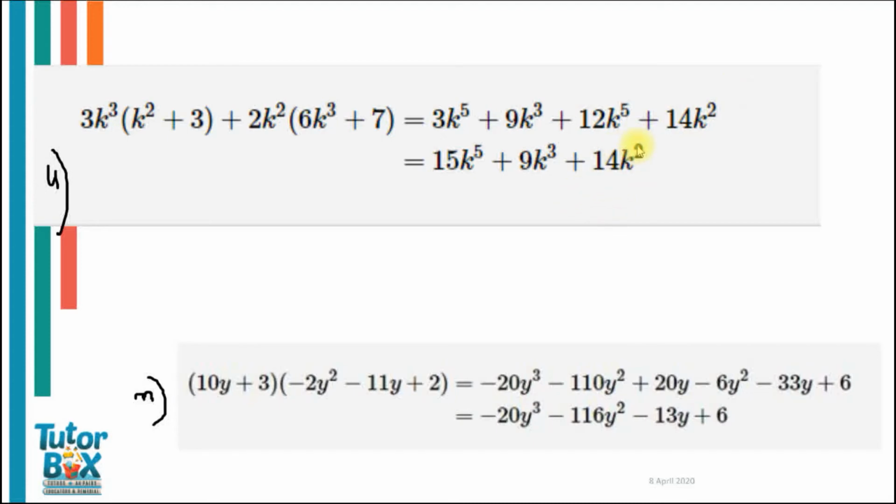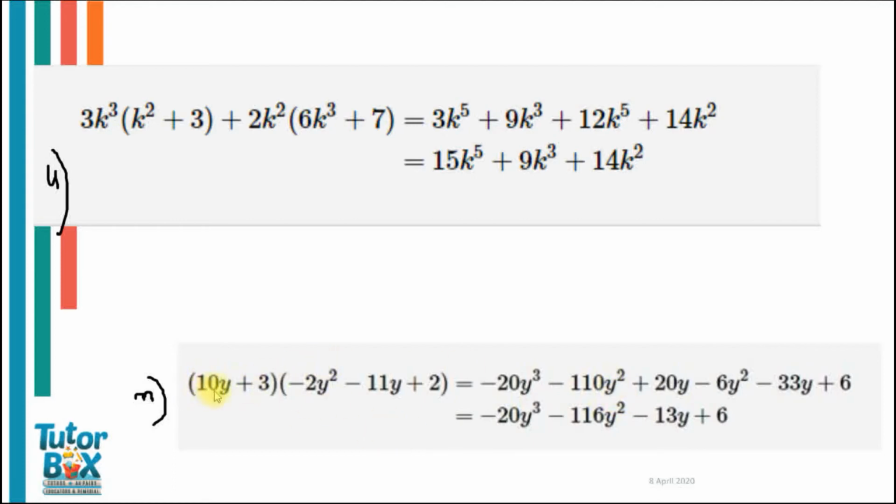There's my 14k squared. And then finally, for M, we have 10y plus 3 and minus 2y squared minus 11y plus 2. So this will be equal to minus 20y cubed minus 110y squared. Okay, let me just show you guys here.